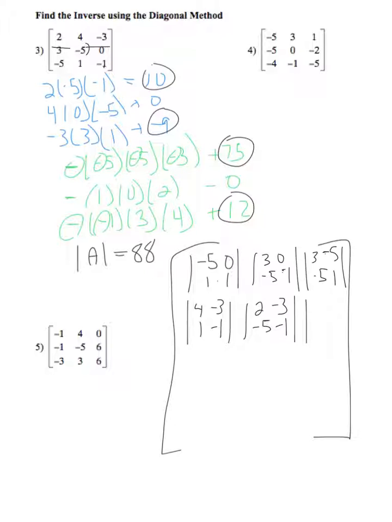Now I'll go do the 0. It's going to get rid of that and that, leaving 2, 4, negative 5, and 1. Okay, and now the third one down there. So I'll get rid of the 5. That's going to leave a mini matrix of 4, negative 3, negative 5, 0.